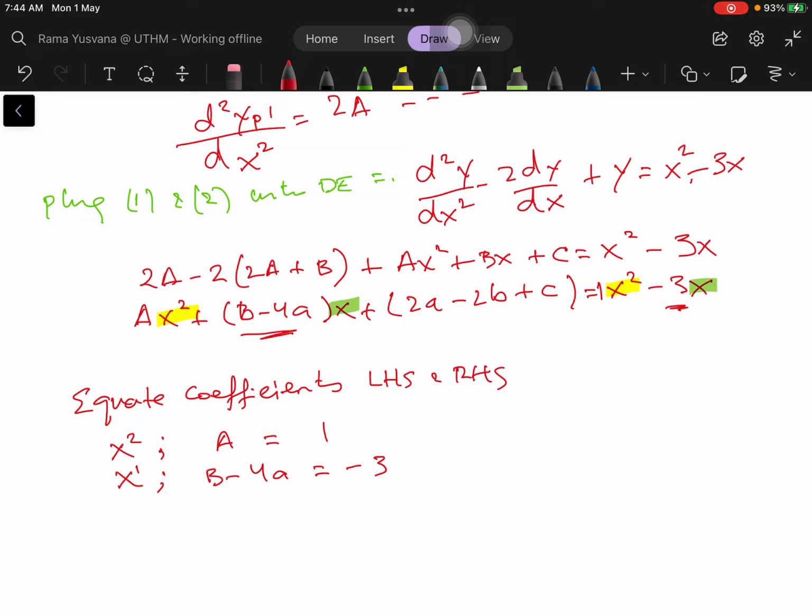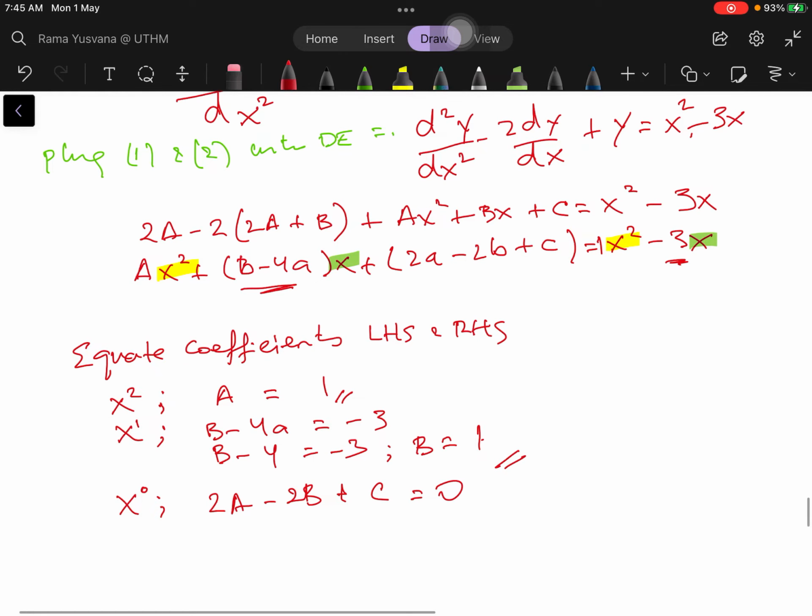And we can proceed directly because we already know the value of a. B minus 4 equals to minus 3. Therefore our b equals to 1. So a equals to 1, b equals to 1. And then for the x to the power of 0, we have 2a minus 2b plus c equals to 0.